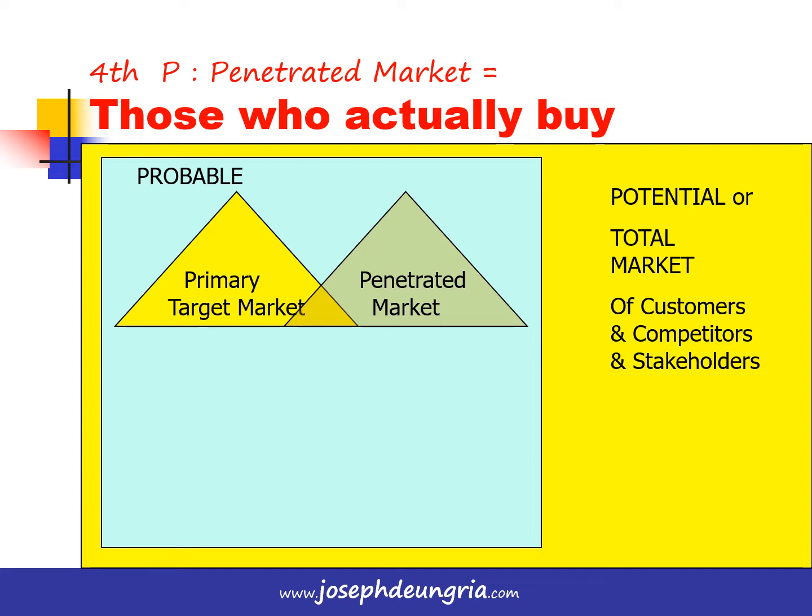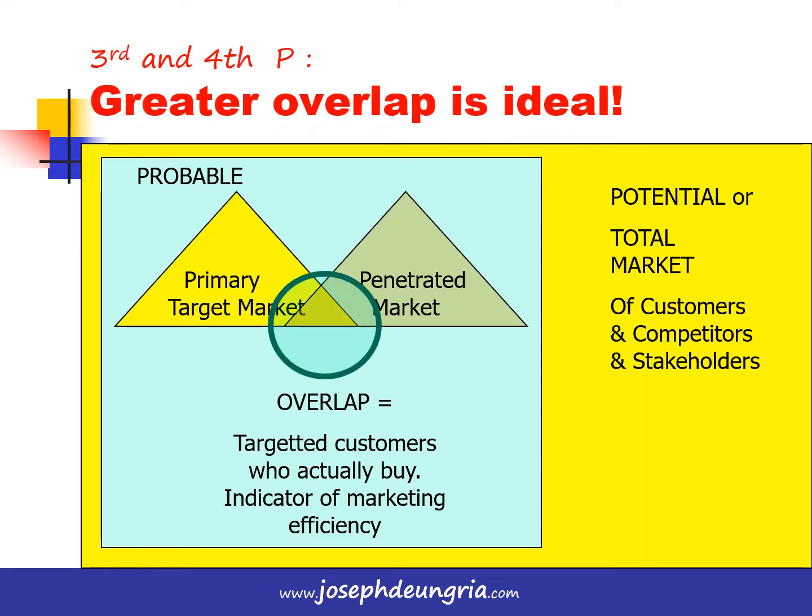So the closer the overlap, the better you are in channeling your limited resources to hit your target. So that's an indicator of marketing efficiency, the overlap between the primary and the penetrated.